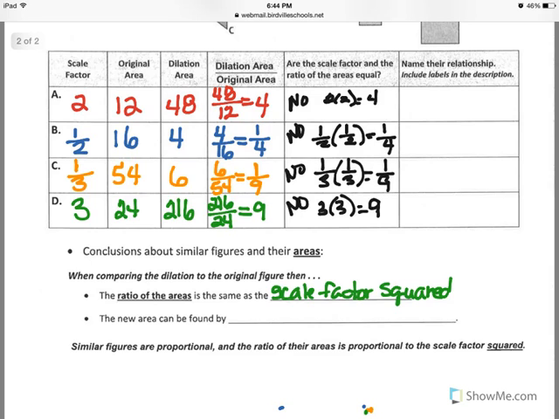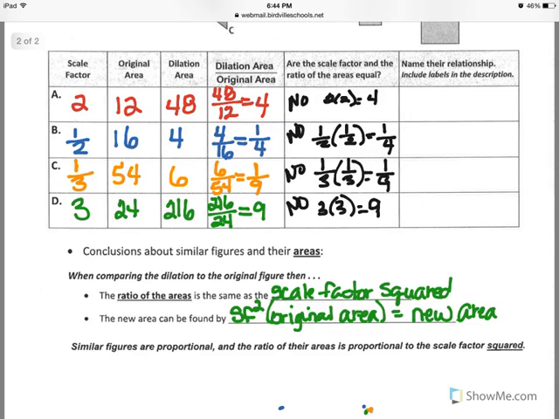So the new area can be found by the scale factor squared times the original area equals the new area.